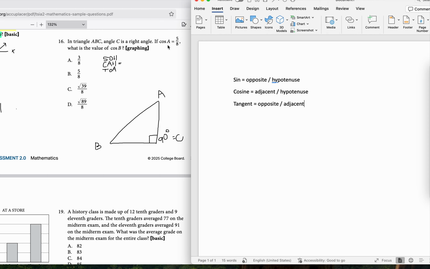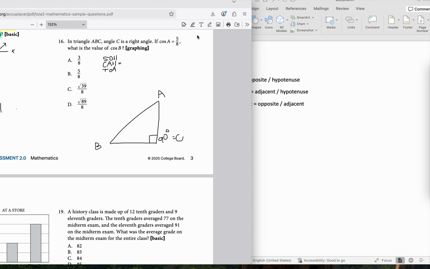And so what these mean is, in this triangle, see where it says cosine A equals 5/8? You pick that angle A, and in this case, it's telling you for the cosine of A, the adjacent, which is going to be the line adjacent to that angle, is going to be 5. So we know that this is 5 right here.